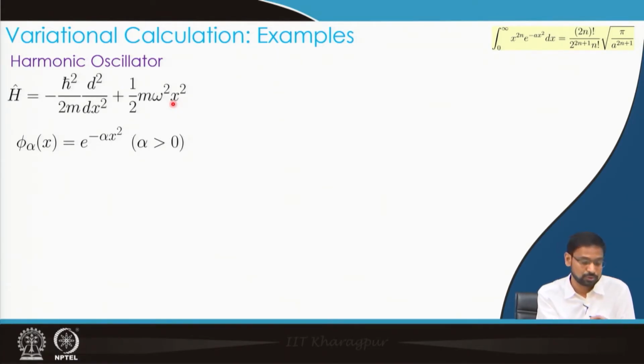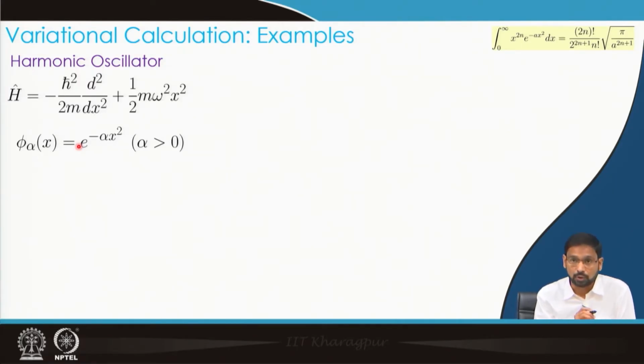Now, what we are trying to do is make a guess function, the trial function phi. The index alpha on this phi says that this is a trial function which depends on this parameter alpha, to be obtained independently. We have to obtain its best value. So, this trial function we are writing down as a Gaussian function, e to the power minus alpha x square, and we are pretending we do not know the value of alpha.